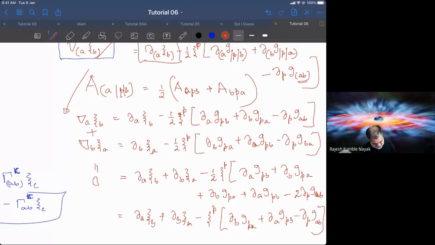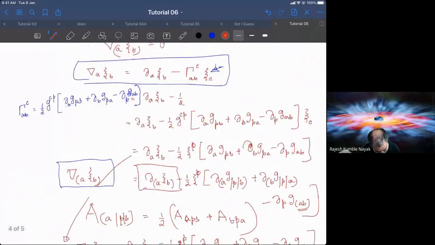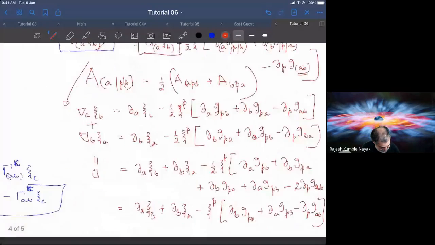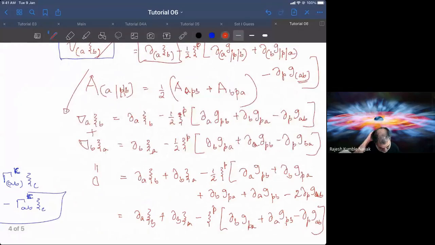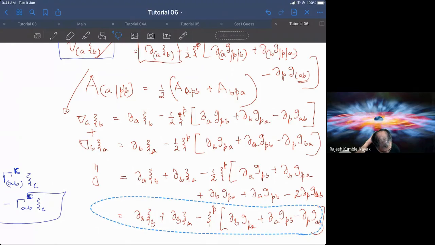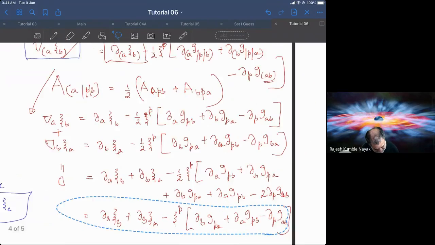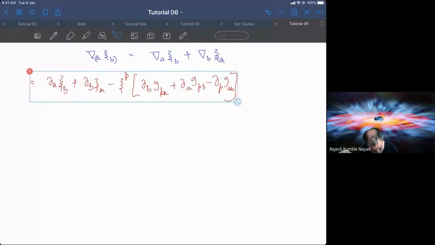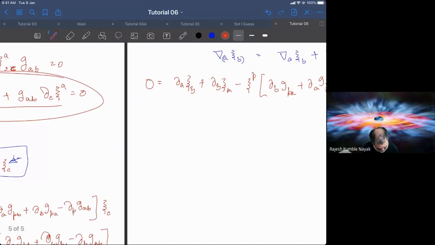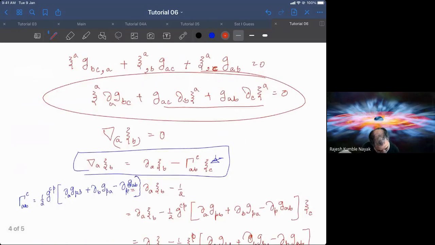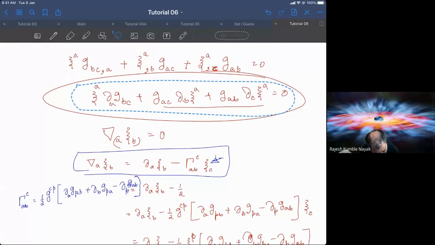Okay, so this is the kind of term which we have ended up with. Let's get this term copied someplace to the next page. Okay, now this has to be 0. That is a condition of symmetrizing. And then we have this expression here, which we want to show.